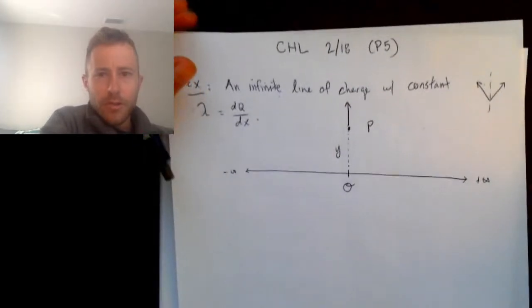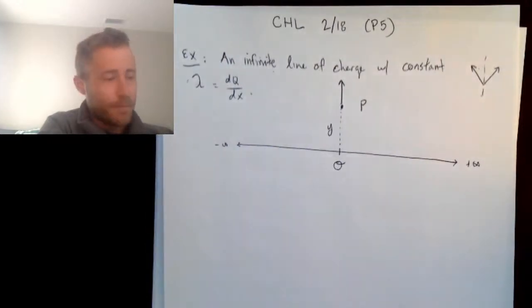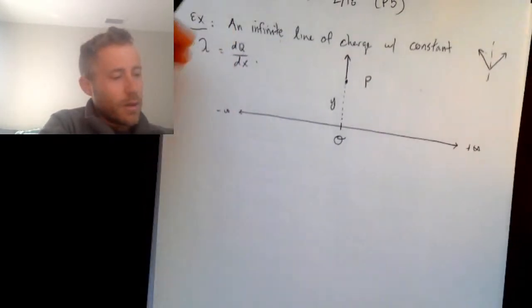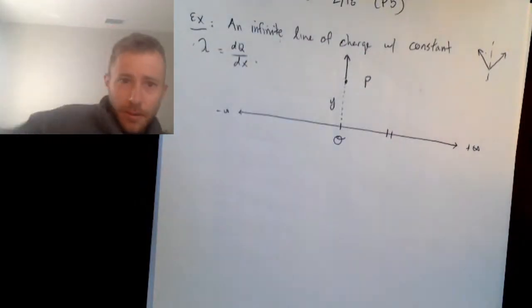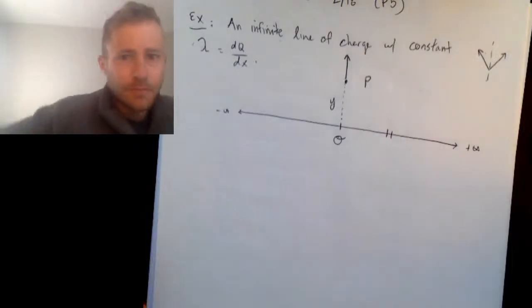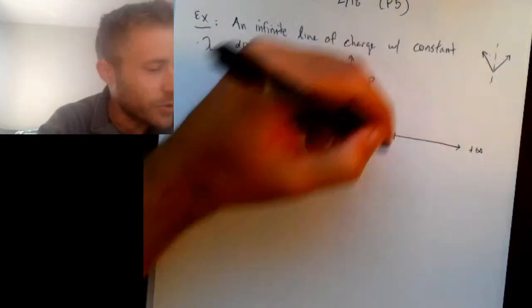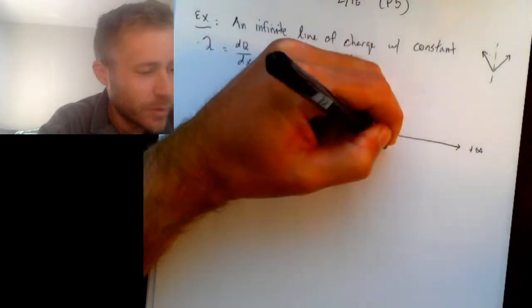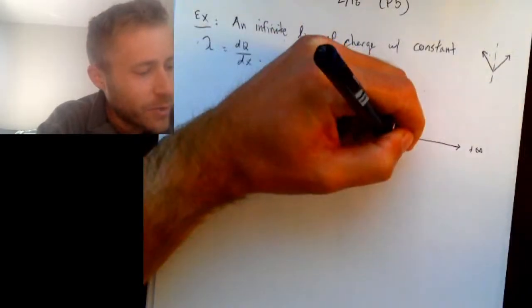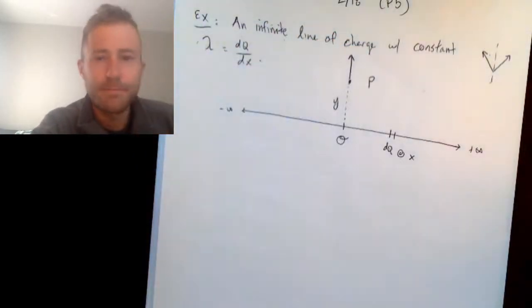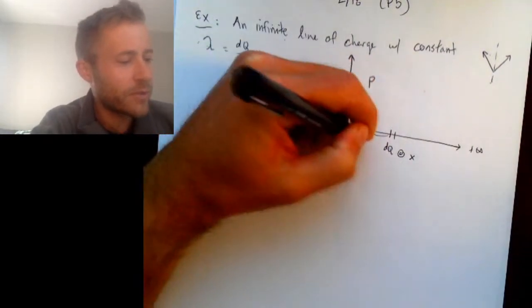Okay, so to calculate the electric field at point P, again, what we're going to do is we are going to look at an itty-bitty piece of charge. So this is a little bit of charge, dq, that is at location x. All right? So that means that this distance right here is x.